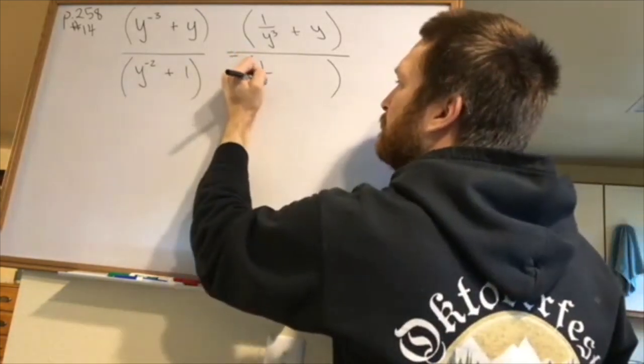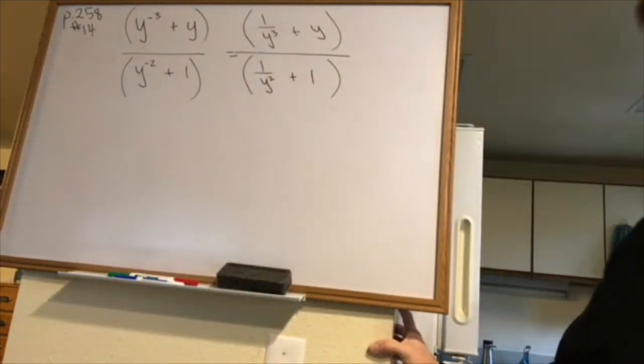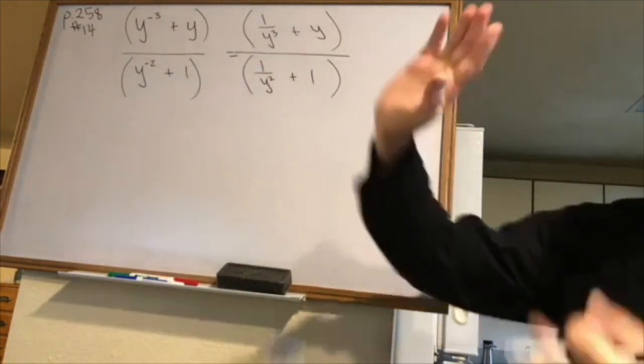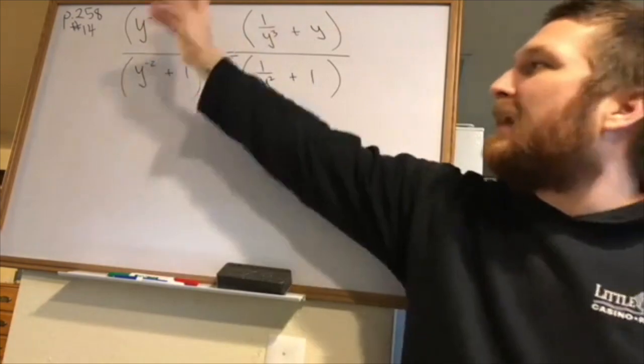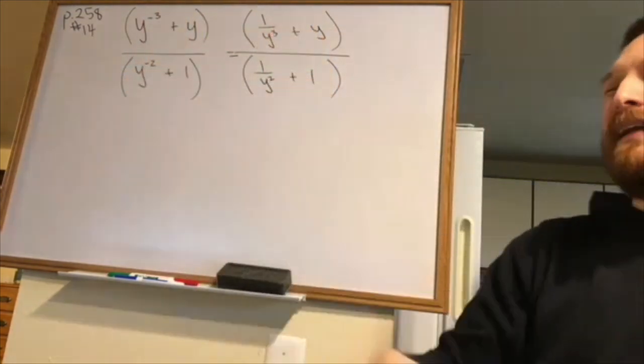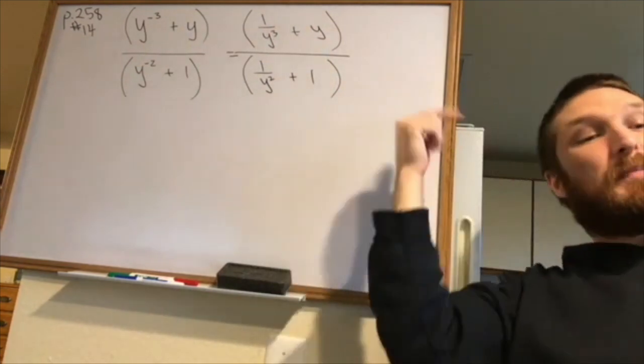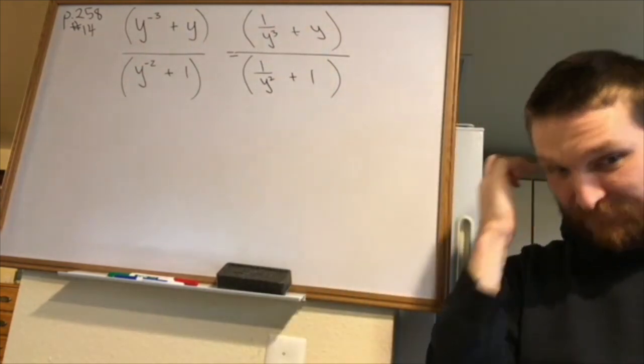There we go. Okay, so now this is interesting. I took a problem I haven't seen before and turned it into a problem that I've just started seeing. But then I'm going to turn that into a problem I've seen before.